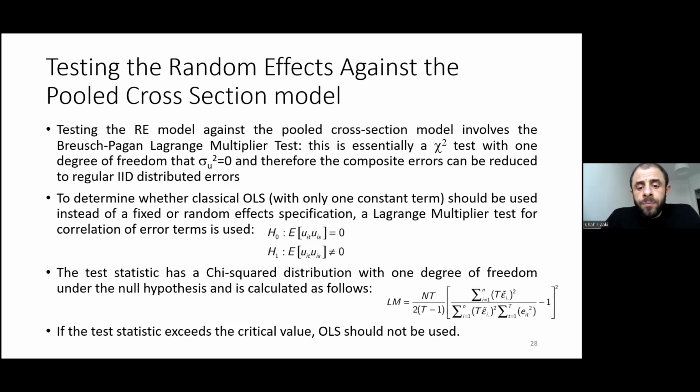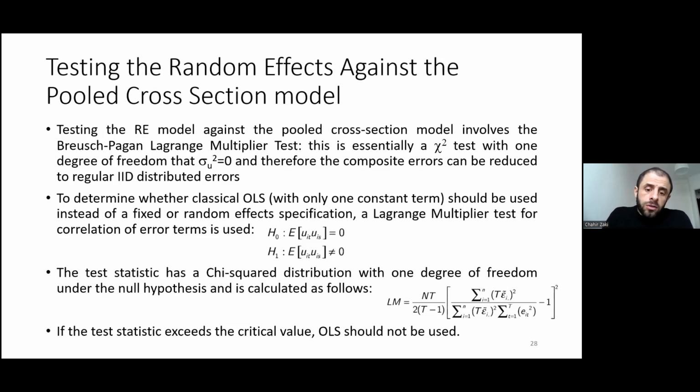The H0, where the expected value of the error term u_it multiplied by u_is is equal to 0. So again, this variance of u is equal to 0. And H1, the alternative hypothesis, is that it's not equal to 0. If we reject the H0, this means that the sigma square u is not equal to 0, and therefore, if we reject the H0, we cannot use the OLS.